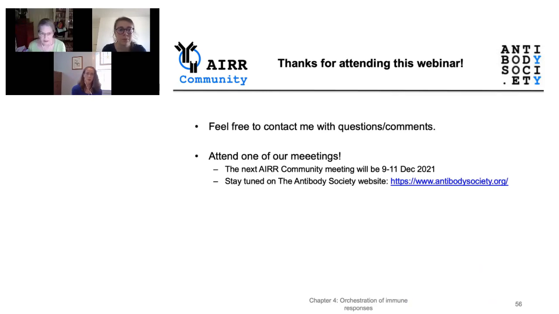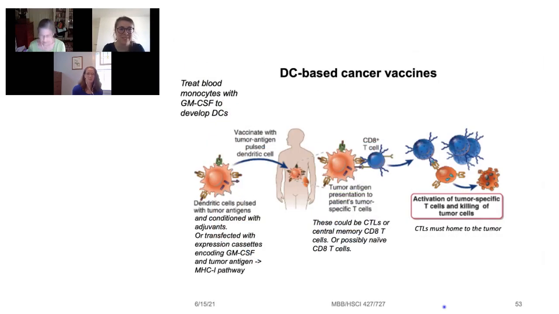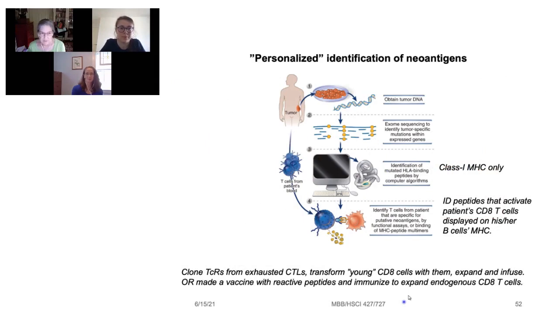Okay, I'll just go back a few slides. I'm just trying to find my slide on neoantigens. Okay, so here's a problem: in a tumor, you don't know what the antigens are. Now, they can use tumor-associated antigens, but the problem is it's really hard to focus on one tumor-associated antigen, and those are not neoantigens.